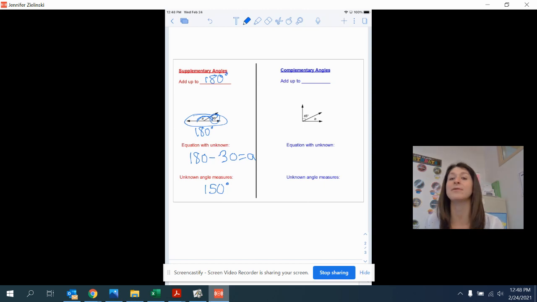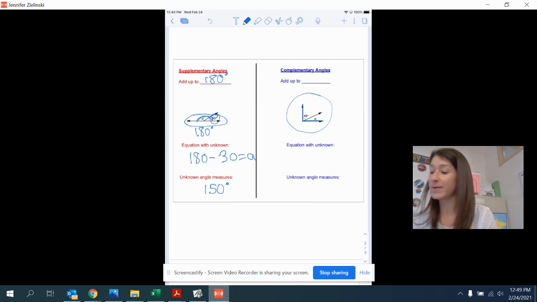Now let's take a look at complementary angles. When you see this here, what do you notice? I notice that I have a square here, and I recognize that this is a 90-degree angle, but it's split. So once again, I need to use my knowledge and think about, well, if I'm given 65 for this angle, I need to piece together what B is.